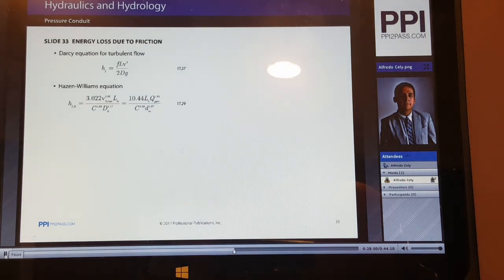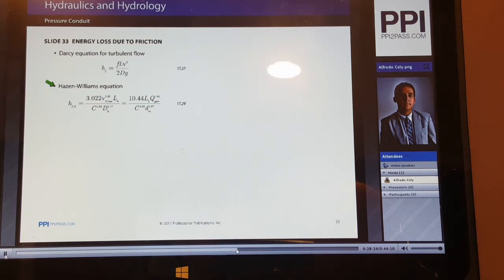Now, we also have Darcy's equation for turbulent flow, which we see here on this slide. And we also have the Hazen-Williams equation for calculating the energy loss due to friction. Now, Darcy-Weisbach is used for fluids that have a high viscosity, which are non-watery types of fluids.